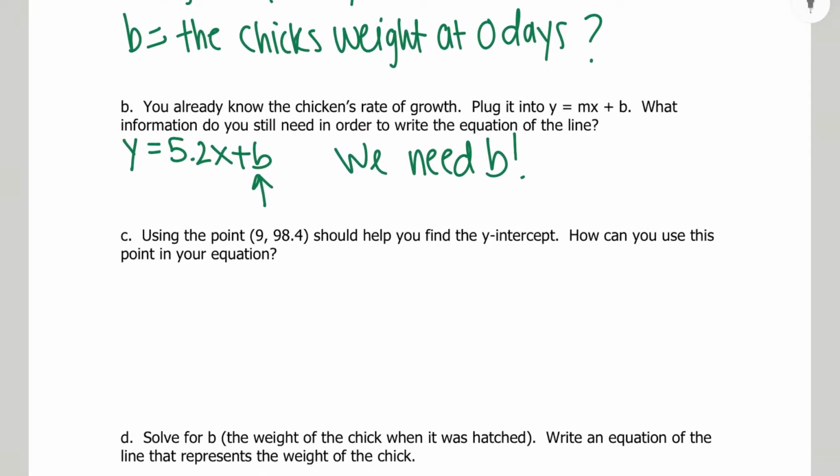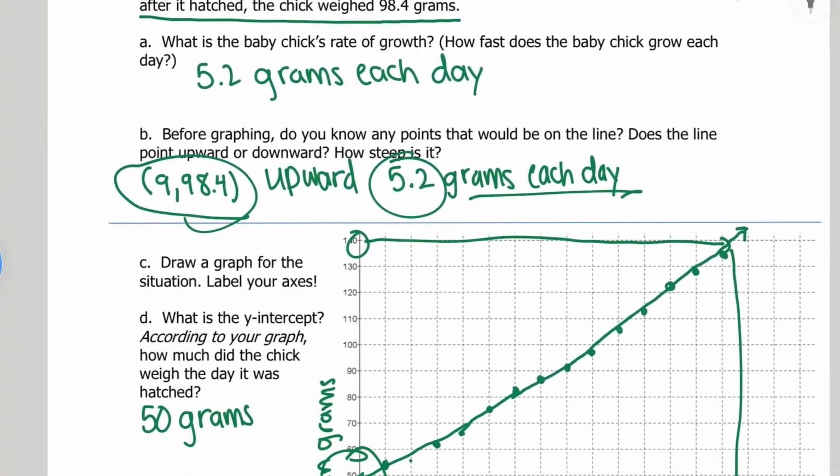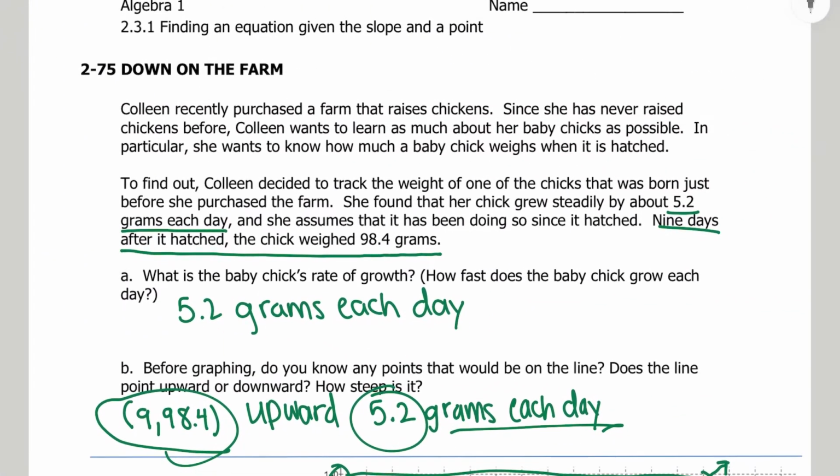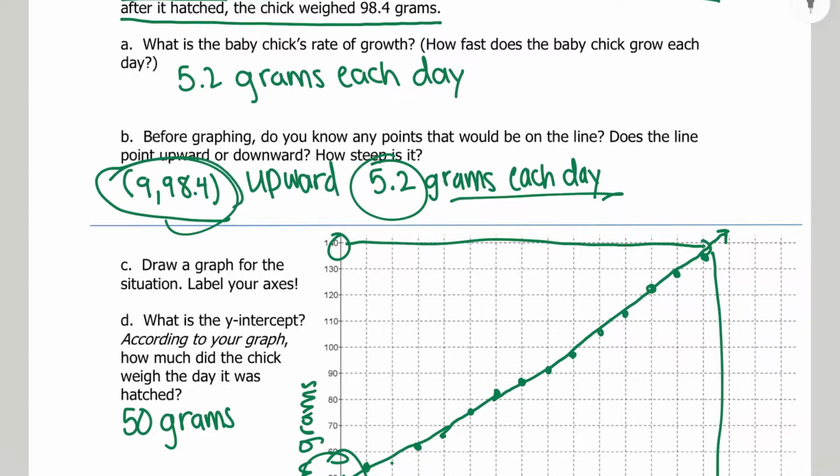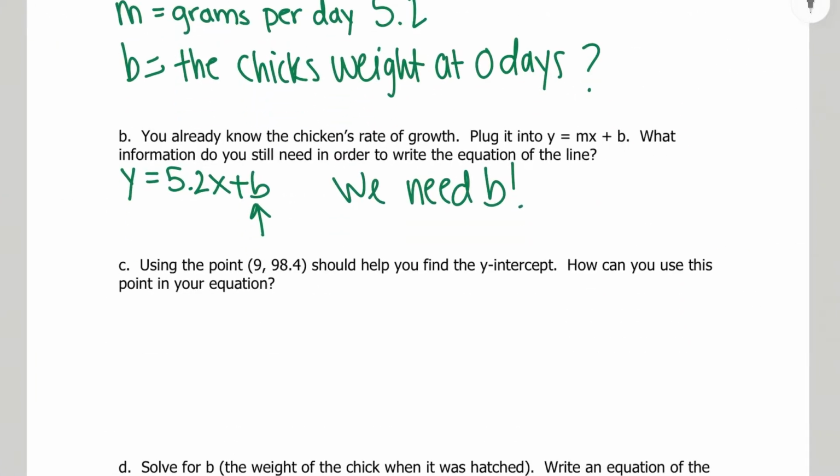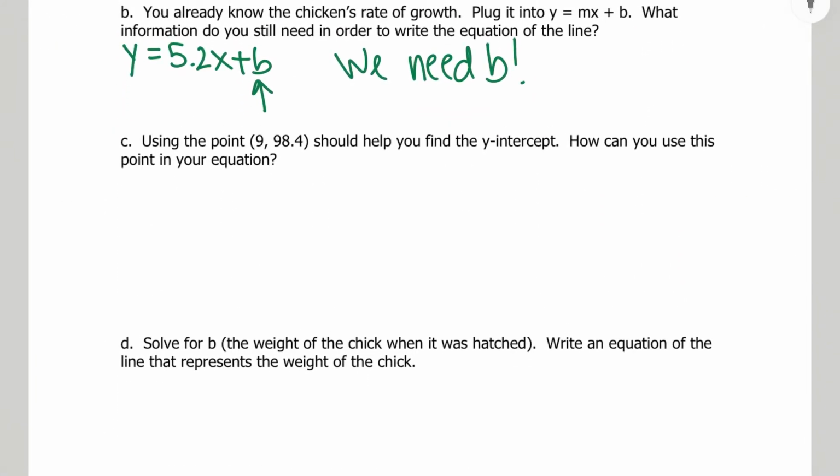So then part c, it says using point 9, 98.4. So if we go back, that comes from right here. So we're using the information that we had in the beginning there. Using that point should help you find the y-intercept. How can you use the point? So 9, 98.4 is supposed to help us find what we need.